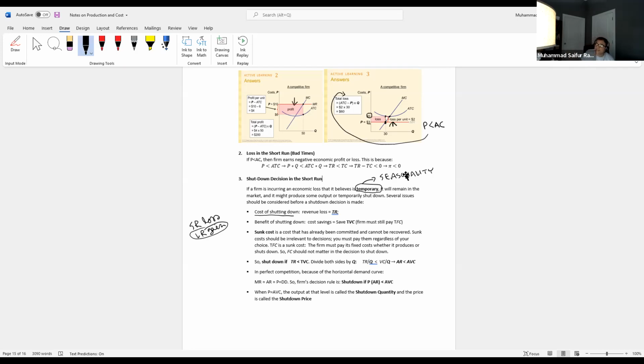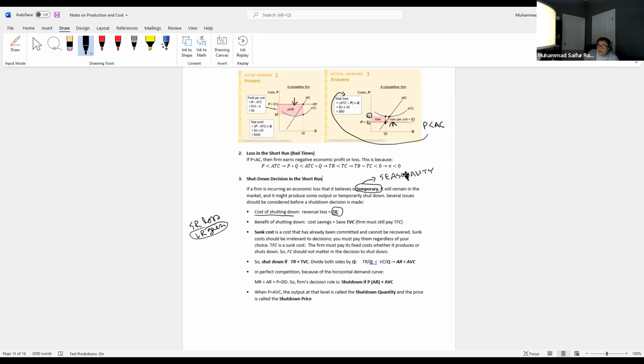We assume that it is going to take a while for our firm to liquidate all their assets, especially the fixed cost. So in the short run, it becomes very difficult to exit a certain industry. Shutdown is thus simply not producing anything. So the cost of shutdown is that the firm will lose the revenue, obviously a lower amount of revenue, but they are still going to lose all the revenue that they could have made by producing at a loss. That's the first important part.